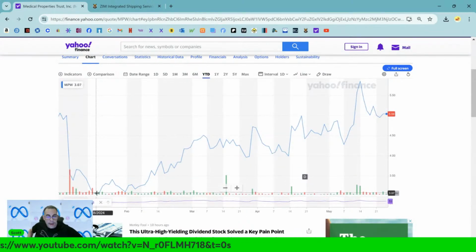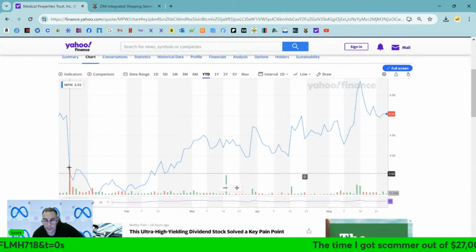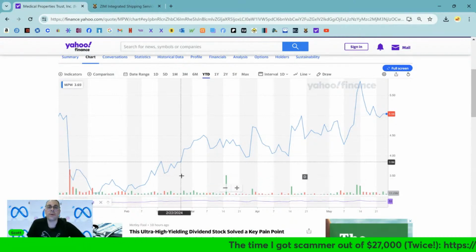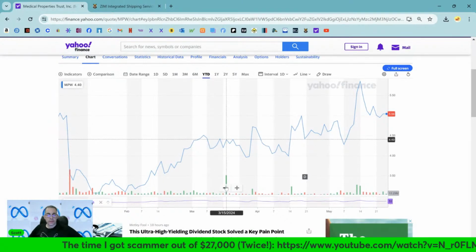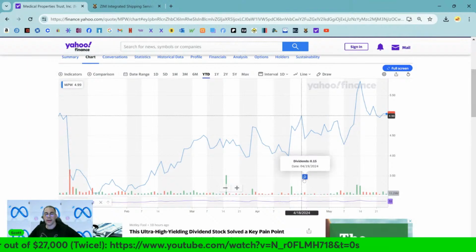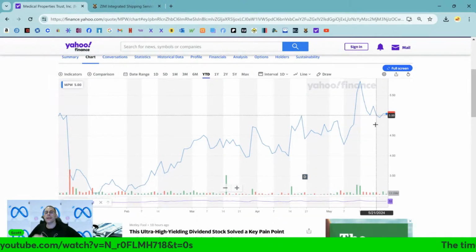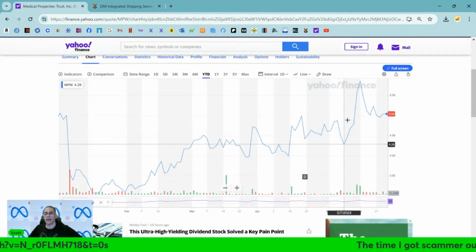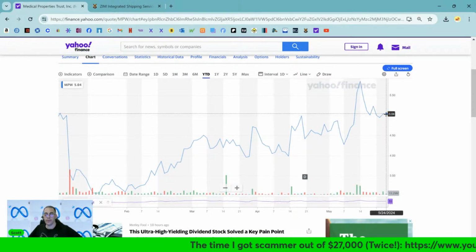I guess if you had a crystal ball, anything below 4 was probably a great time to buy it. I wish I had balls of steel, and I could have done that. Because I don't think it's going to go below 4 again. It ended up going to almost 6, and now it's settling at 5.